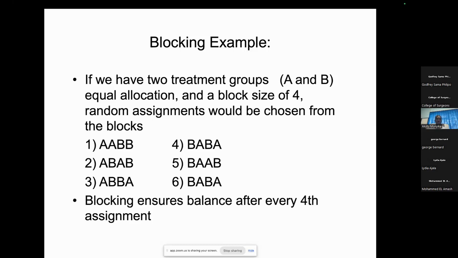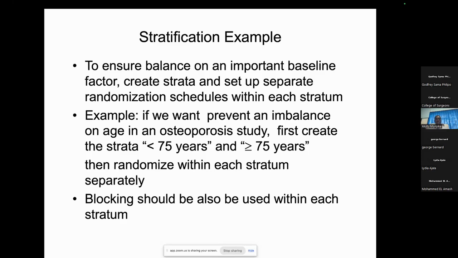It can also be done manually, but we now have better systems to do this without taking up too much time. So these are the possible combinations between group A and group B. Blocking ensures the balance after every fourth assignment, or after every fourth cycle. So there will be a clear balance, and there won't be one group which has more compared to the other group.